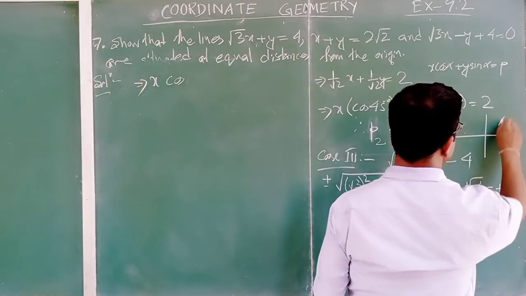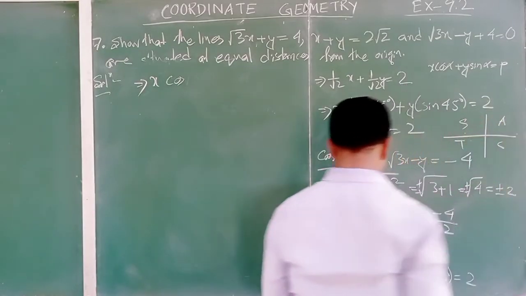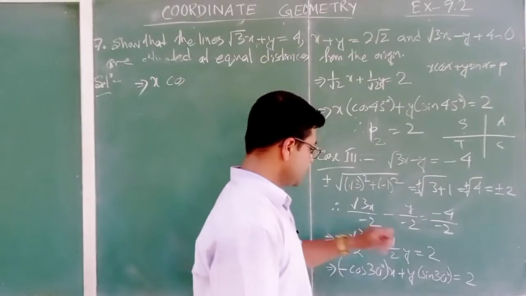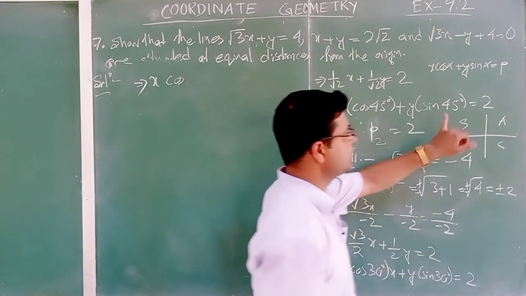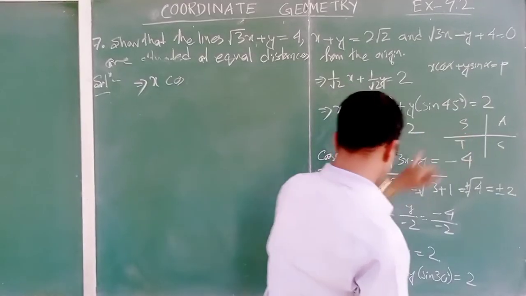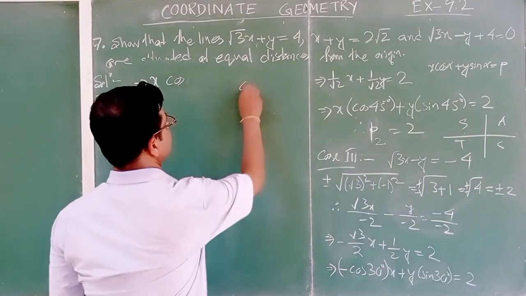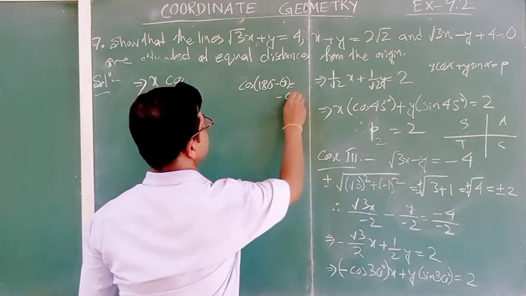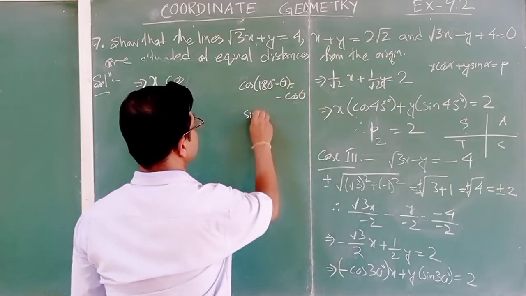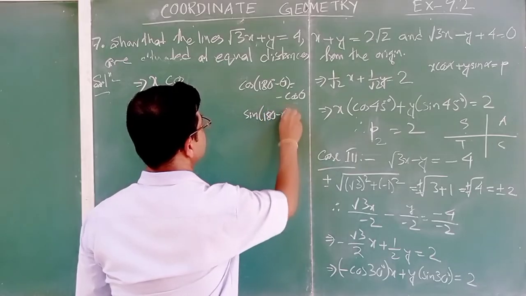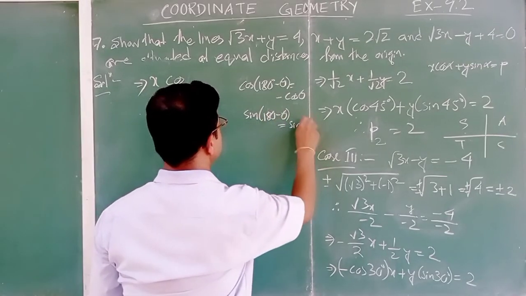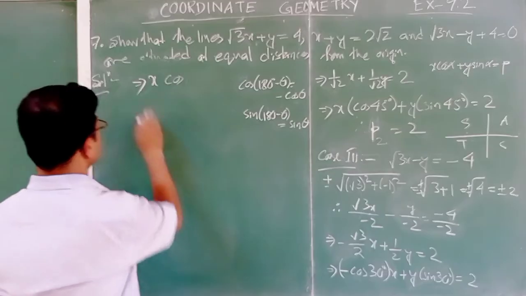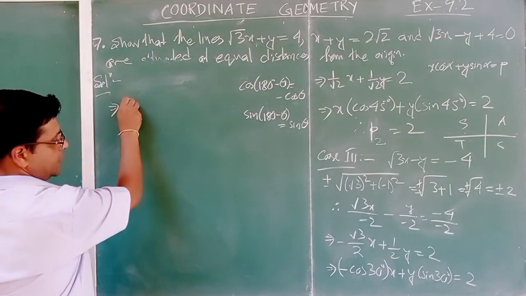There is no space, so ASTC. We have to search for the quadrant where sine is positive and cos is negative. Sine is positive, cos is negative: this is the second quadrant. In the second quadrant, cos of 180 minus theta is minus cos theta, and sine of 180 minus theta is sine theta. Let us apply this concept. So cos, okay, let us write from here only.